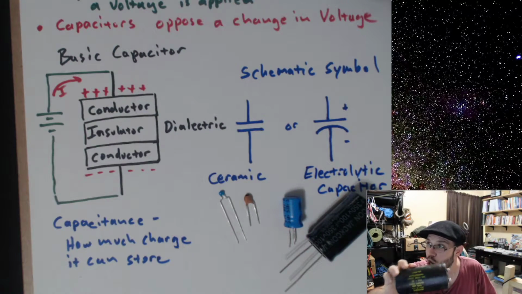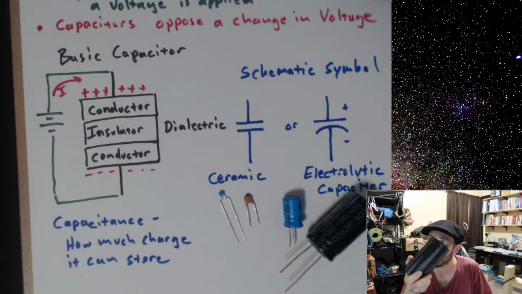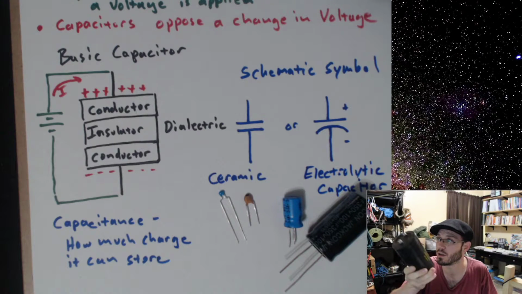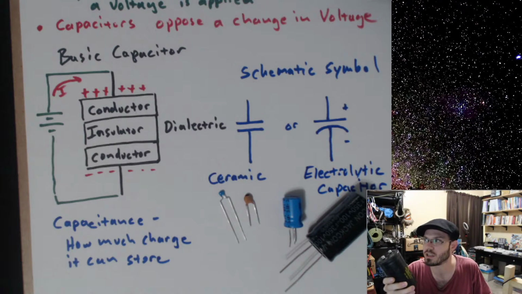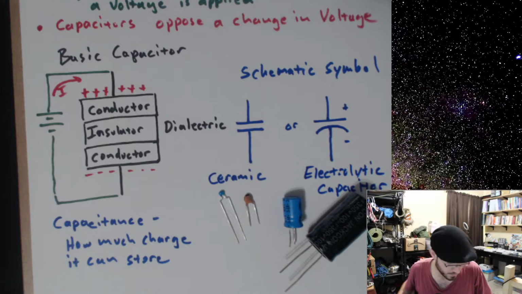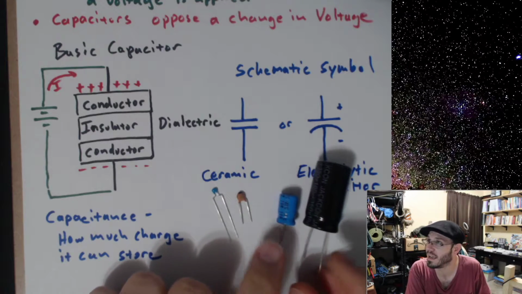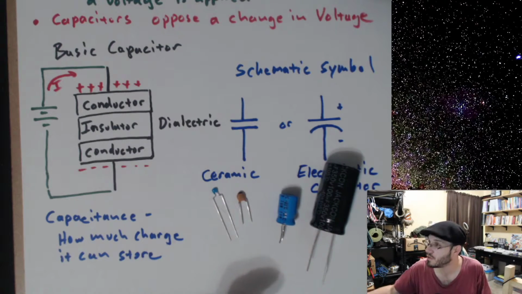But yeah, you're right, no typical electronic circuit is going to use one of these. This is more for large industrial power applications, motors, things like that. But generally speaking, the caps you will encounter are like this, but they do get quite large.